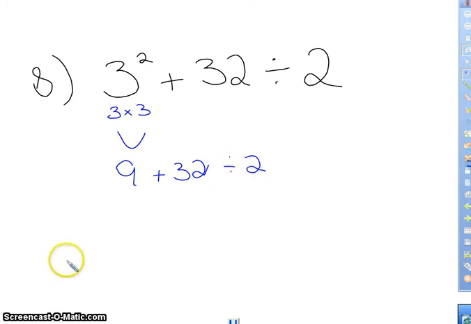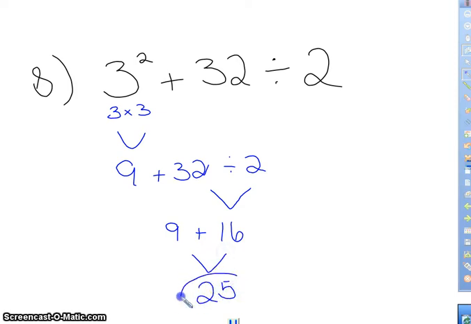Now the two operations I have left are addition and division. And if you remember, division comes before addition at any point. So 32 divided by 2 is 16. Bring down my 9 plus 16, and now I'm almost done. 9 plus 16 would be 25, and that is my correct solution.